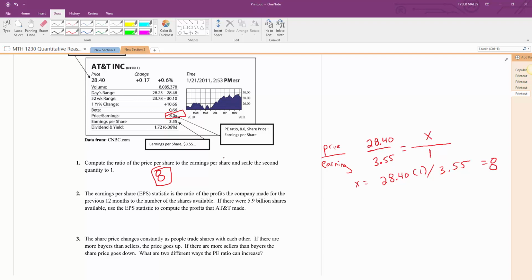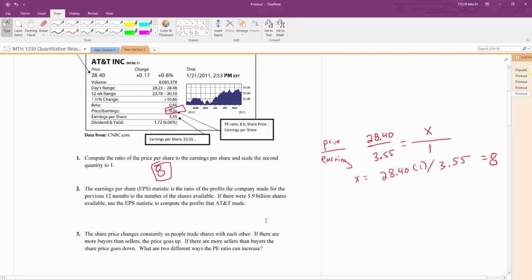Number 2 says the earnings per share, the EPS statistic, is the ratio of the profits the company made for the previous 12 months to the number of shares available. If there were 5.9 billion shares available, use the EPS statistic to compute the profits that AT&T made.